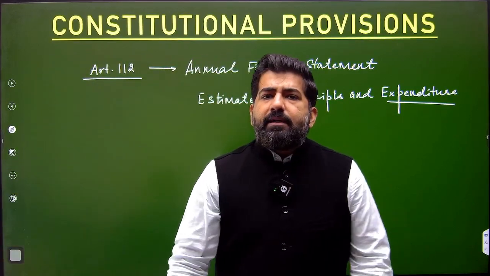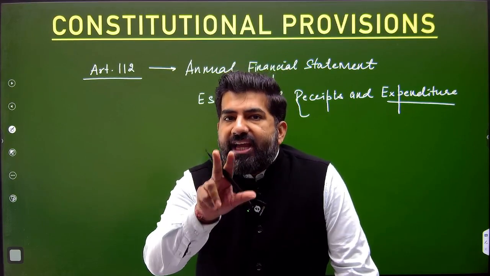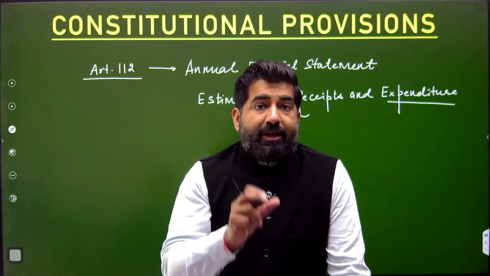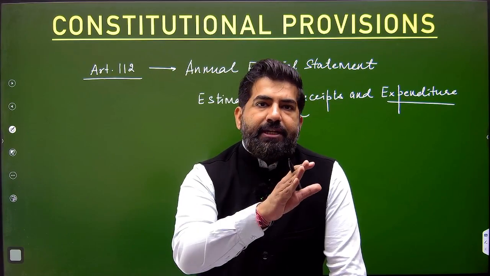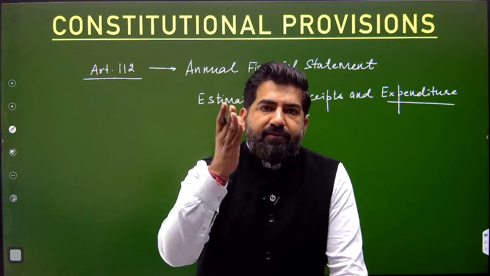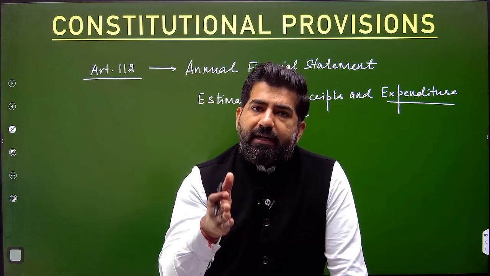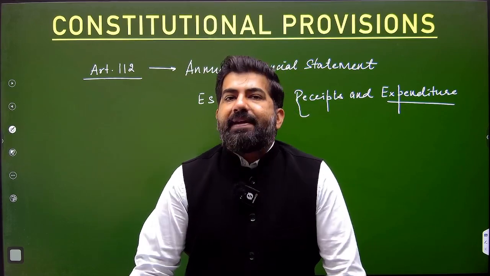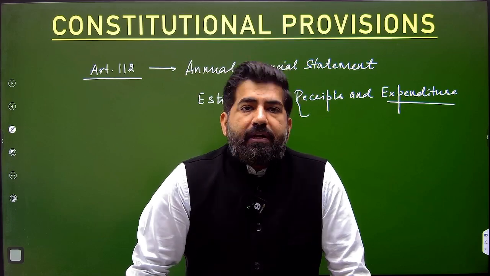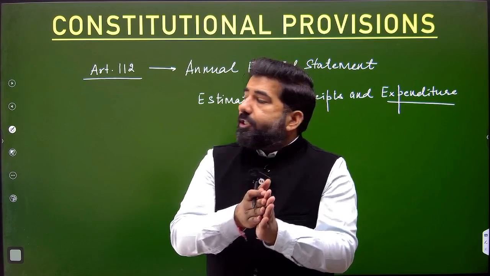But Article 112 clearly states that the president shall cause, try to understand, the president in every financial year, which starts from 1st April, like suppose this year 1st April 2025 to 31st March 2026, that is the financial year 2025-26.